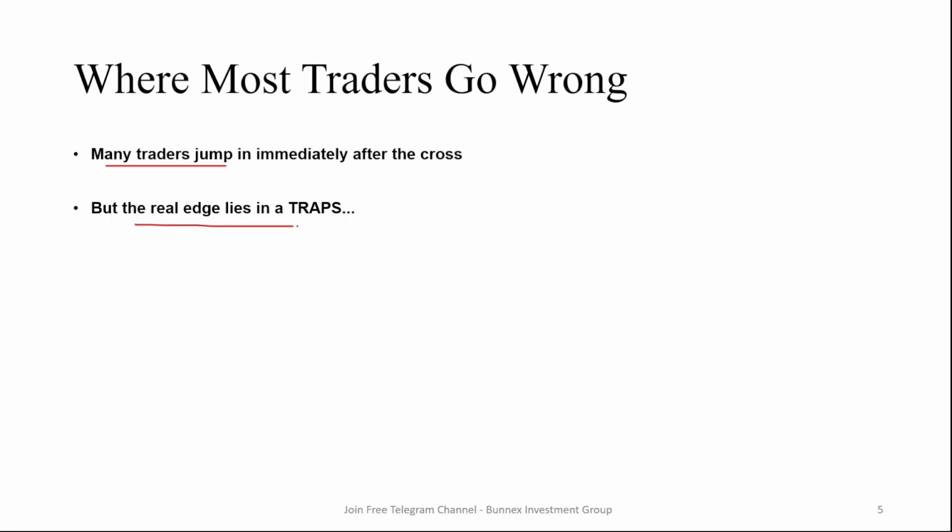So the real edge lies in a trap. We want to see traps before we make an entry. Traps are the secret for you to actually get in the markets and come out with a profit. Patience is your secret weapon here, which you are going to practice.